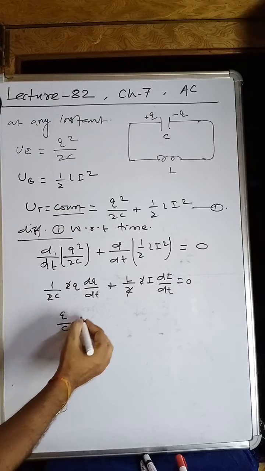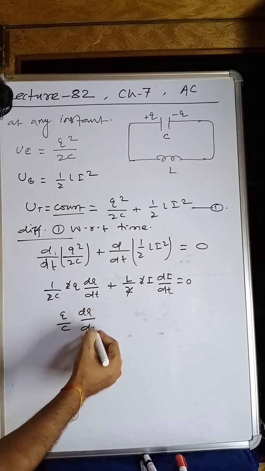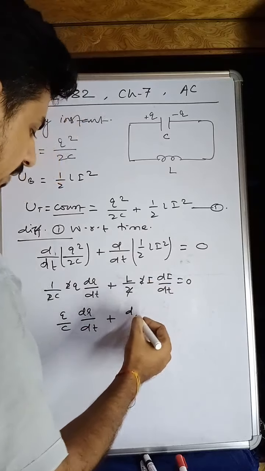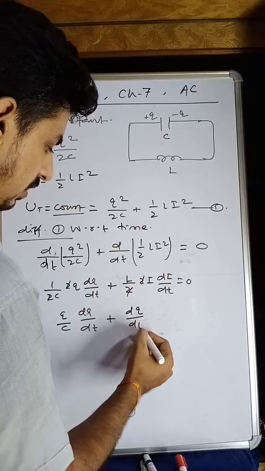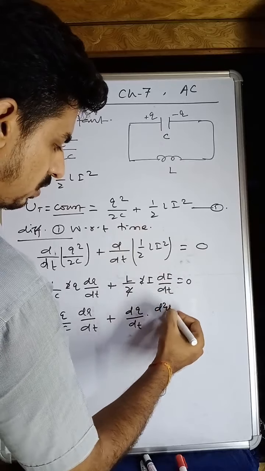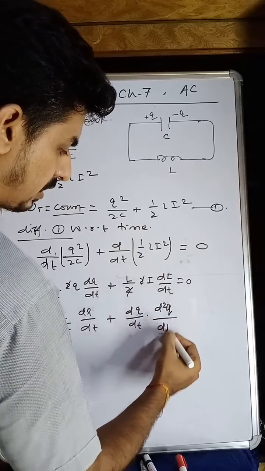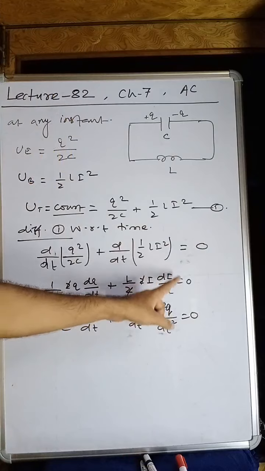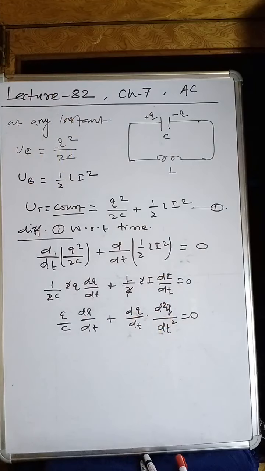Q over C dQ over dt plus L i di by dt. Here i is nothing but dQ by dt, and di by dt can be written as d2Q over dt square. Yes, i is dQ by dt, so it will be d2Q by dt square.